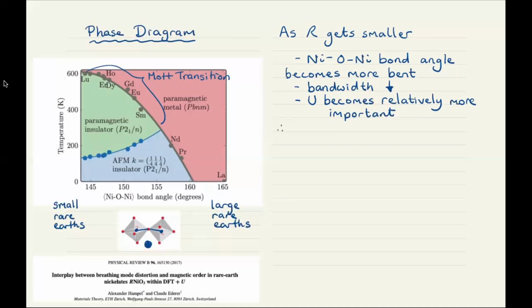And so we expect a metal insulator transition, with the insulating phase persisting to higher temperature as the rare earth gets smaller, so with increasing stability of the insulating phase.